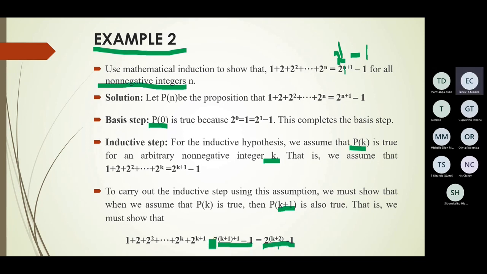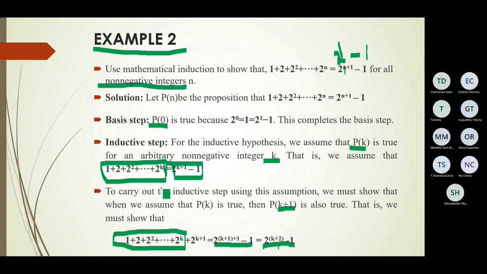So what are we going to do here? We need to replace this one with this one. You see that the hypothesis step is equal to this one. So we can take this and replace this one with this expression, which means we end up having something like 2 to the power k plus 1 minus 1 plus 2 to the power k plus 1 is equal to this right hand side.